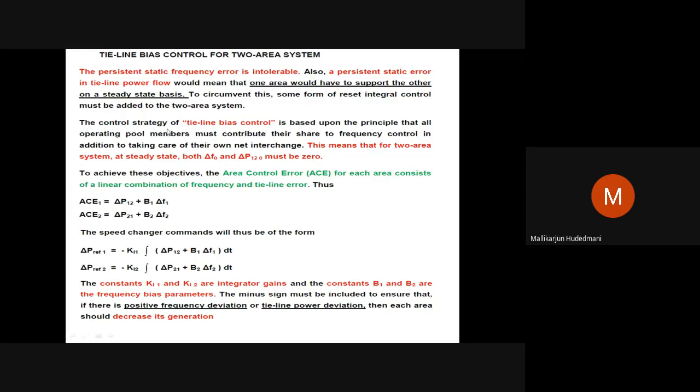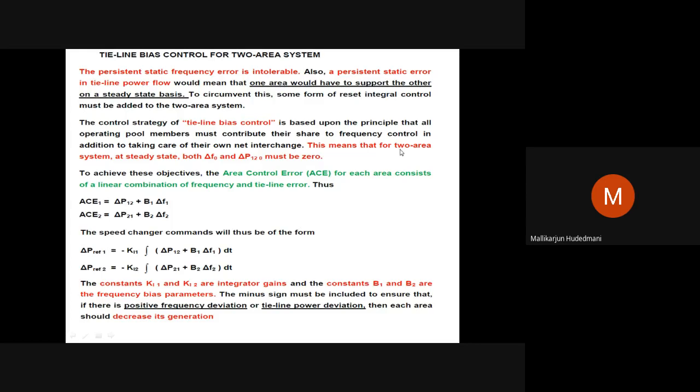The control strategy of tie-line bias control is based upon the principle that operating pool members must contribute their share to frequency control in addition to taking care of their own net interchange. This is the beautiful definition of tie-line bias control.